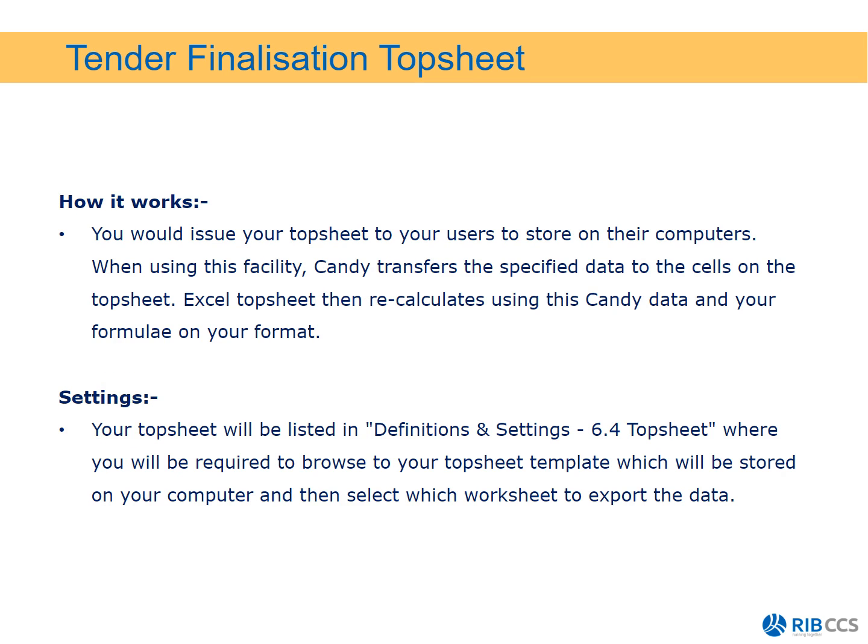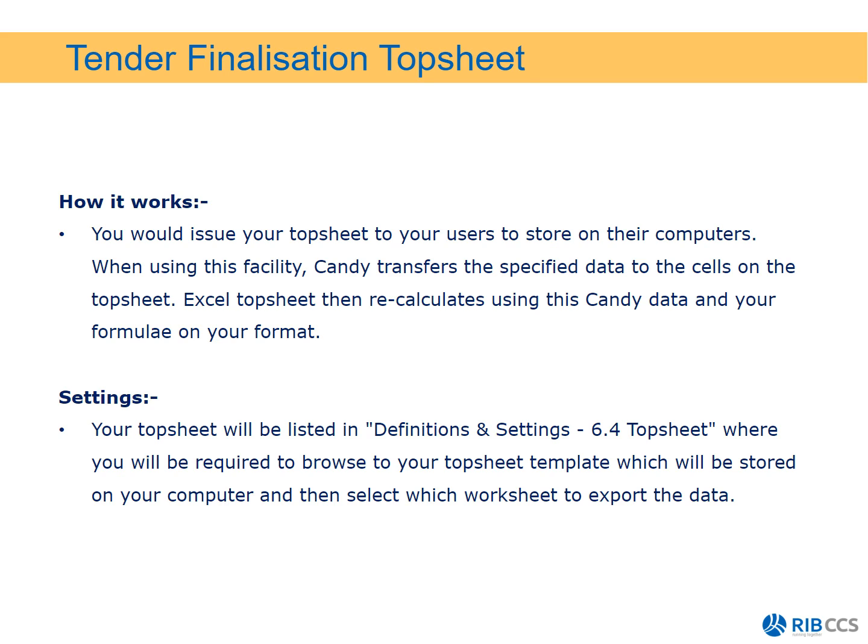So how does it work? You would issue your top sheet to the user to store on their computer. When using this facility, Candy transfers the specified data to the cells on the top sheet. The Excel top sheet then recalculates using this Candy data and your formula on your format.